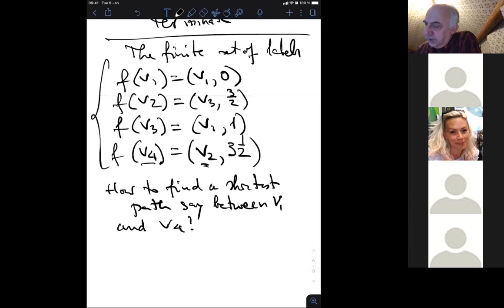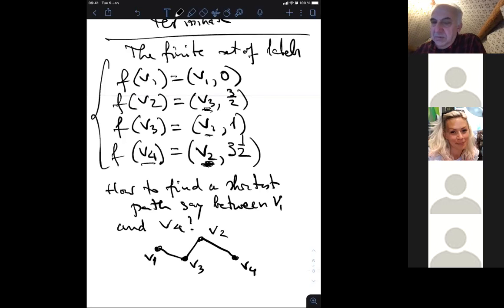It says v2, so I'm following this first label which I have. So in the label of v4 it says v2, so I have to go to v2. Now I'm jumping to v2. What is the element in the first place in the label of v2? It says v3. And now from v3 I'm looking at the label of v3, it says v1. So this would be my shortest path.